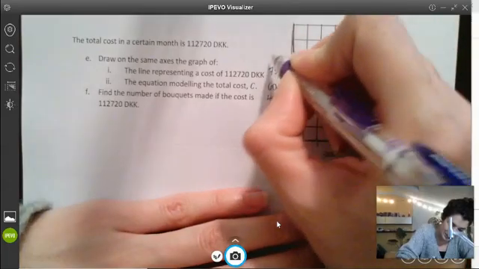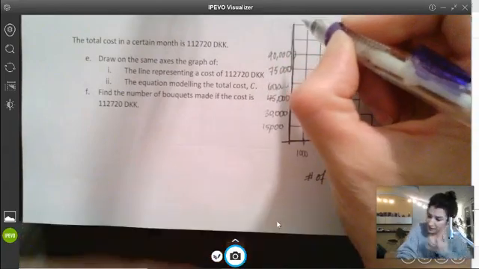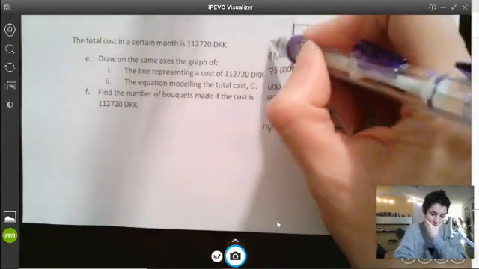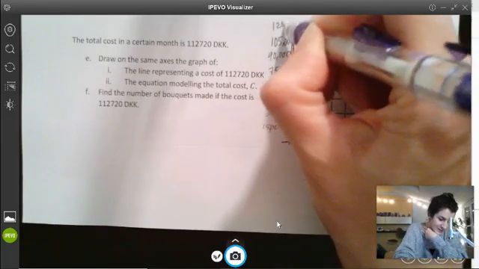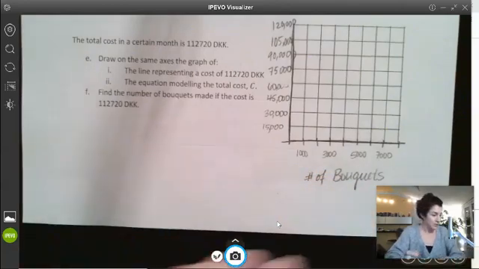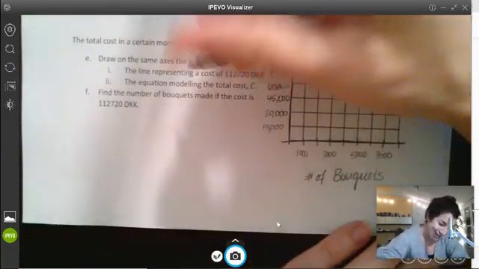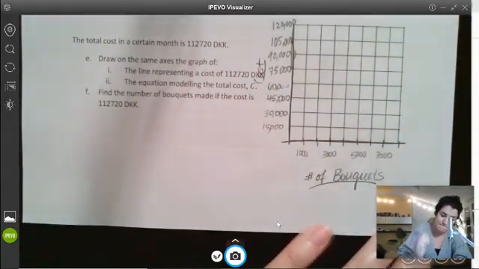And then this guy will be 90. Okay. That was stressful. So then this is cost here on the y-axis.